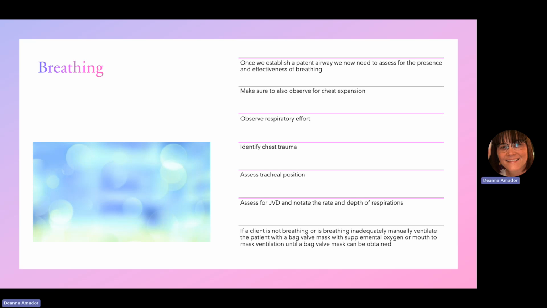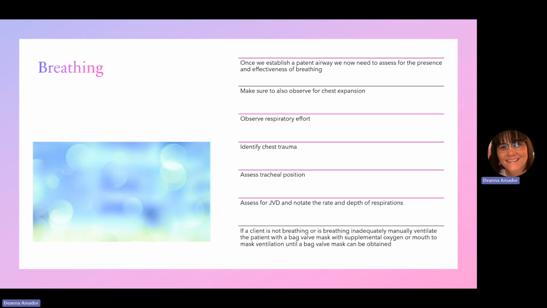All right. After the airway, then we're just going to go through the ABCDEs. So after the airway is B, breathing. We've established a patent airway, then we also need to make sure that we have chest expansion, chest rise.